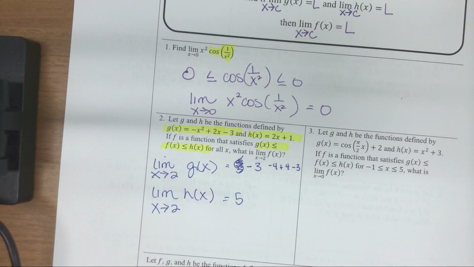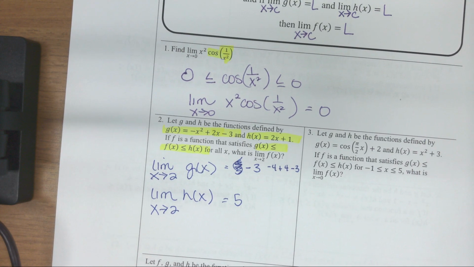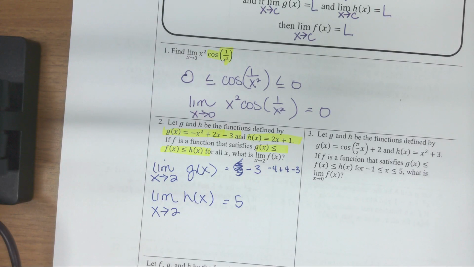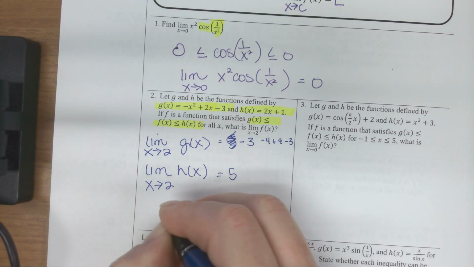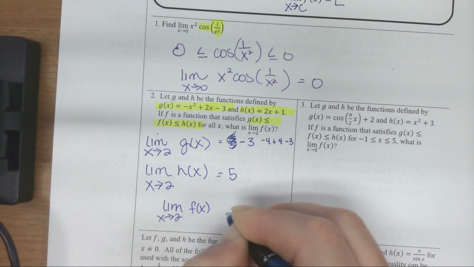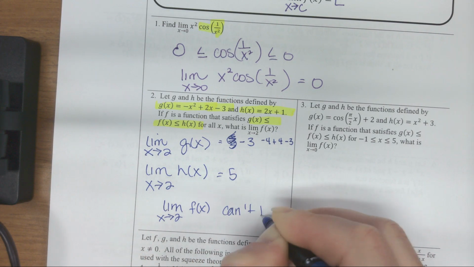Okay, so then, can I find the limit of f of x exactly? Yeah, but I don't know what it is. I know it's between those things. So what I would say is the limit as x goes to 2 of f of x can't be determined by the squeeze theorem.